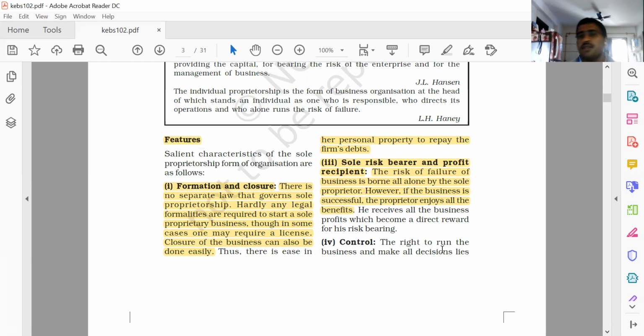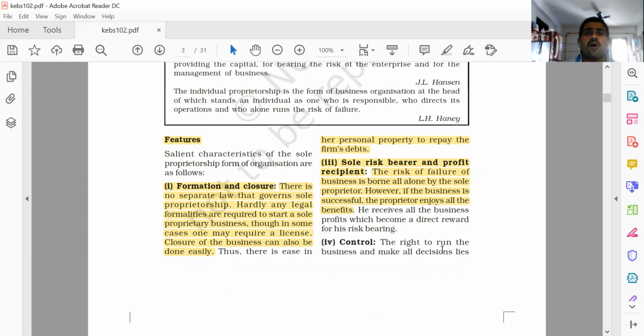So what we can say? The risk of the failure of the business is borne all alone by the sole proprietor. However, if the business is successful, the proprietor enjoys all the benefit.